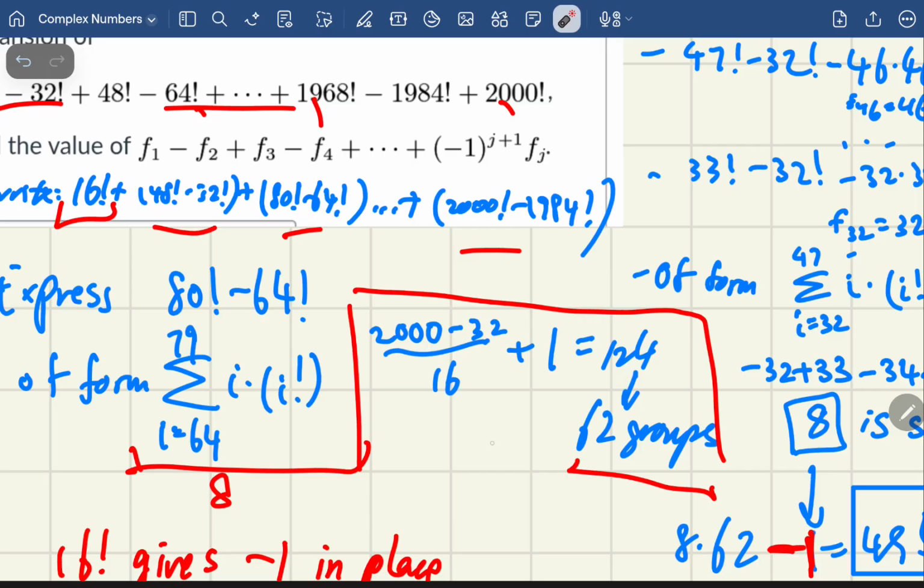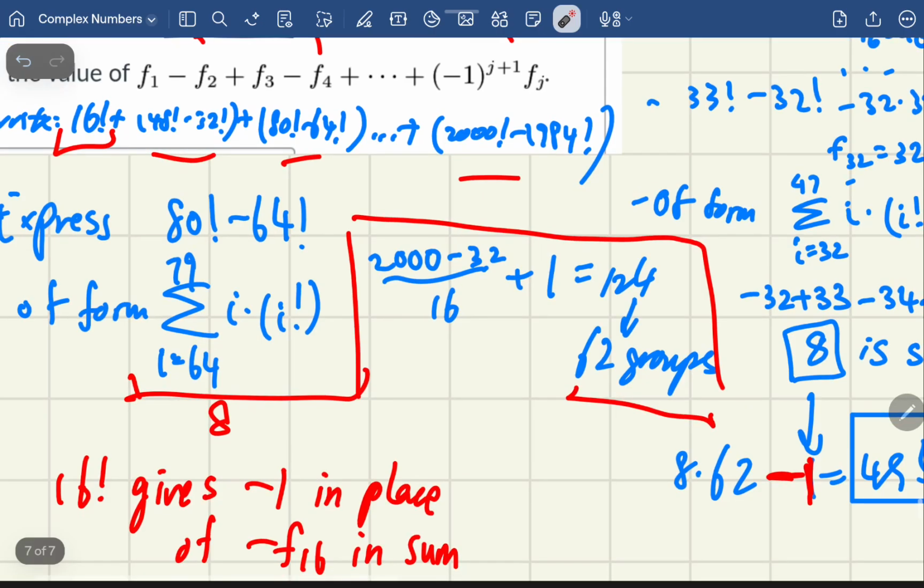So now it's just how many groups there are. It turns out there's 124 numbers in between 32 and 2000 with spacing 16. So 62 groups, each having an alternating sum of 8.